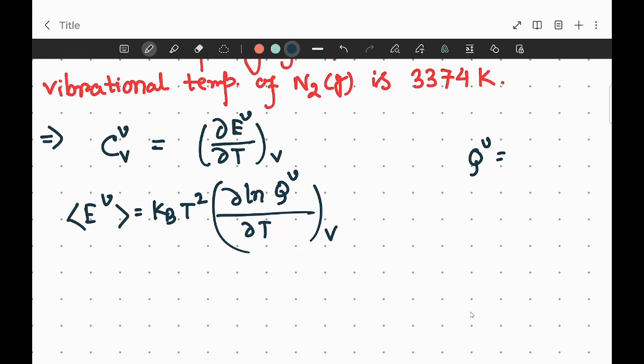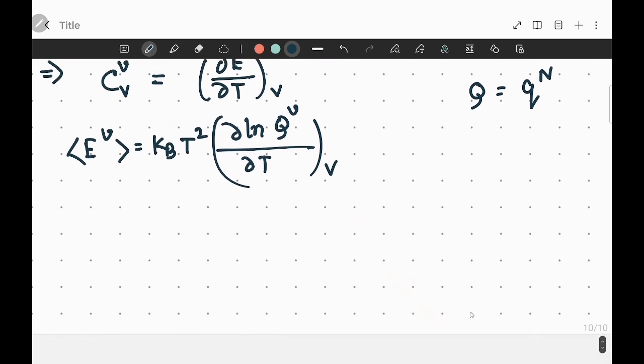So you know that Q equals q to the power N. For vibrational, it will be the vibrational q. That does not matter, so only N will be there.